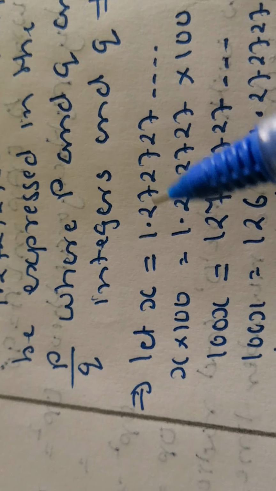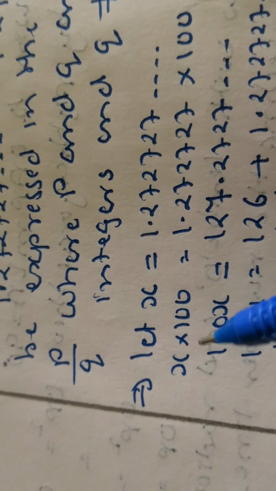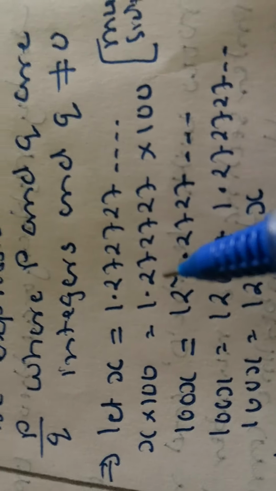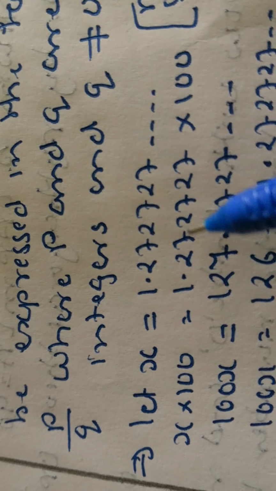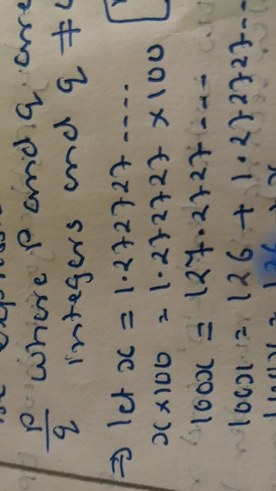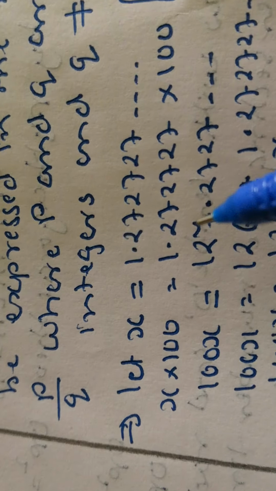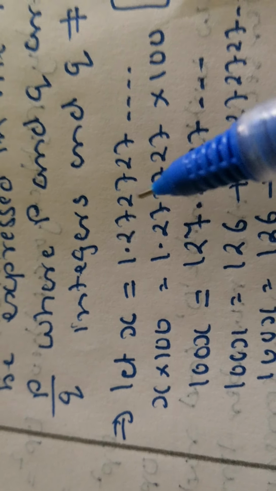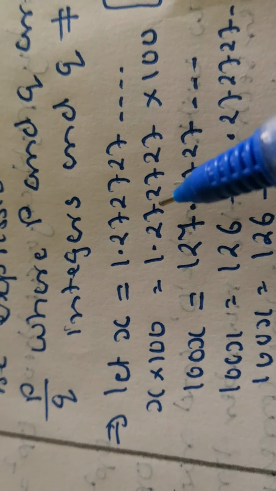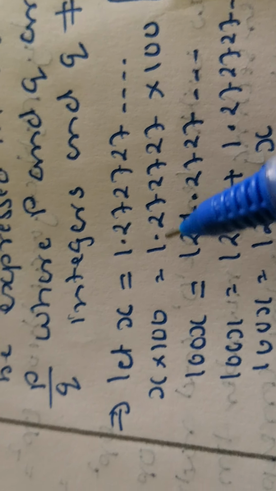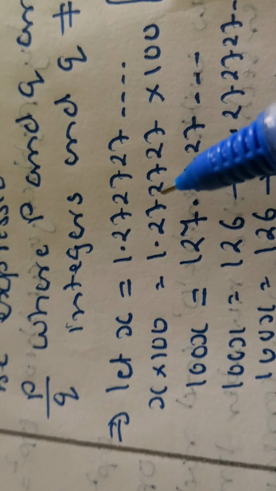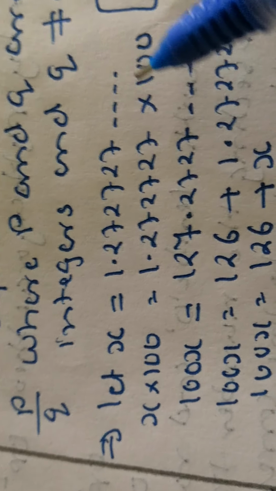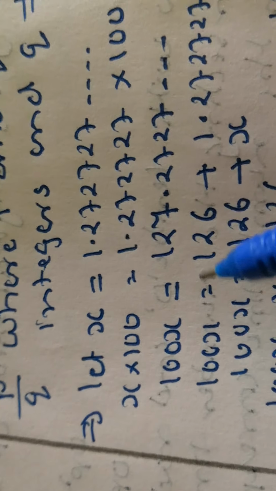Now as there are two numbers after the point, we are going to multiply it by 100. So multiplying both the sides by 100, I am going to get 1.272727 multiplied by 100. So 100x, shifting the decimal 2 points to the right side, will become 127.272727.